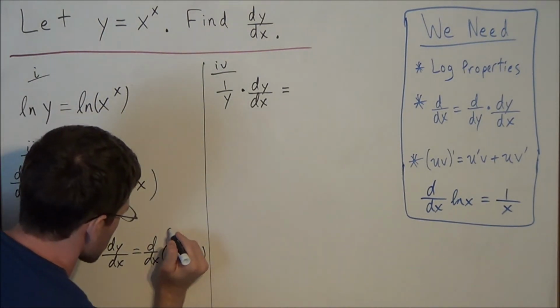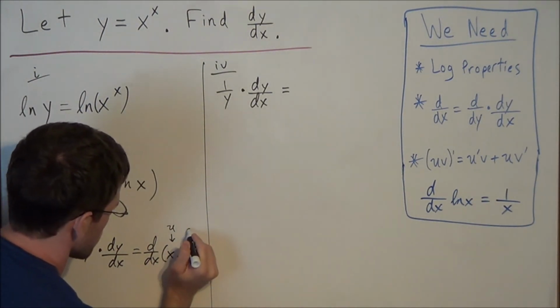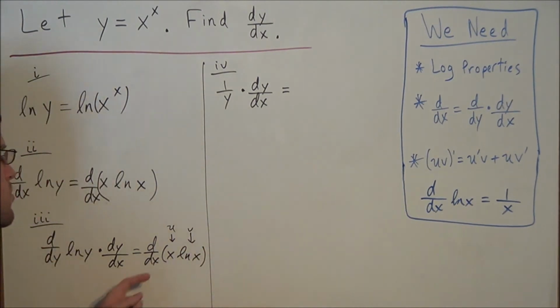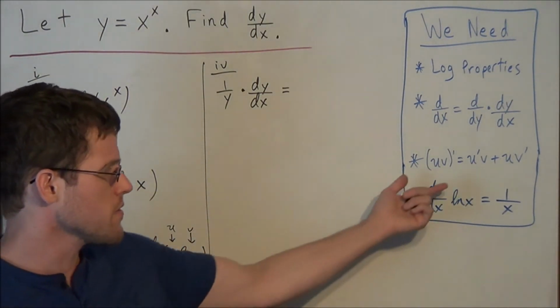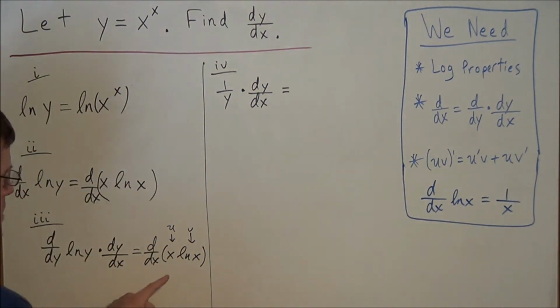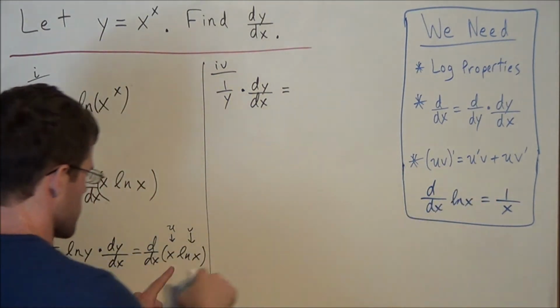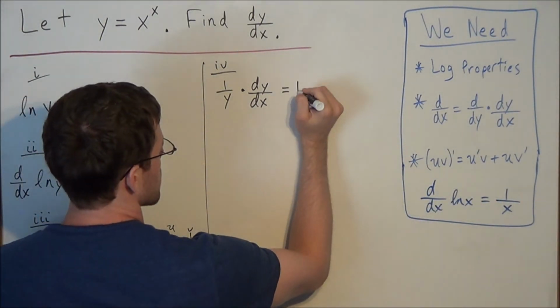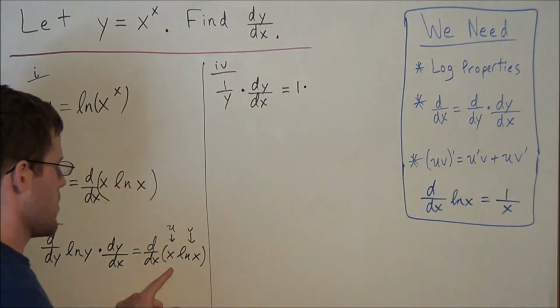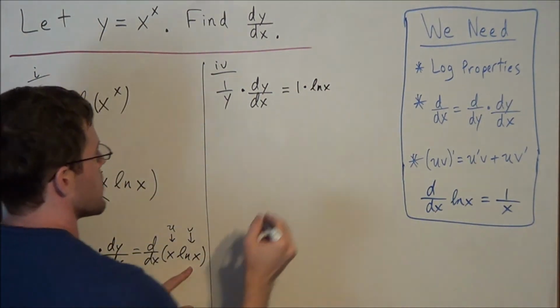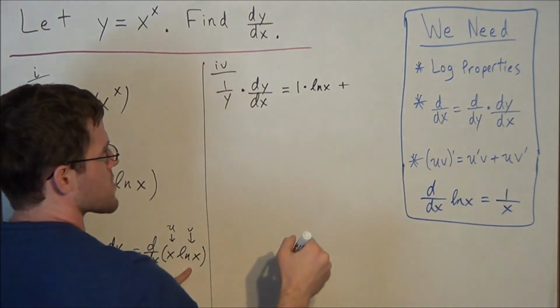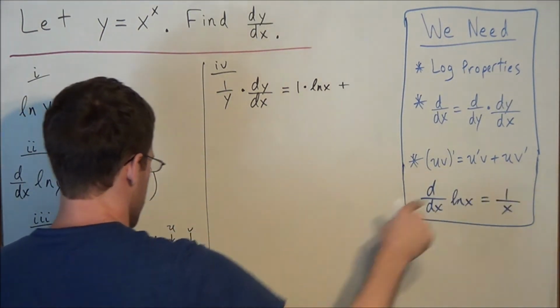So if we treat this piece as the function u, that is, we will call x our function u and ln x our function v, all we're doing is we have u prime v. So the derivative of x is 1 times v, which is our function ln of x, plus, and now we have uv prime.